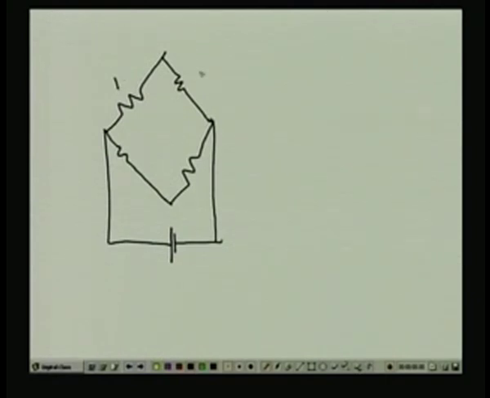This is gauge 1, this is gauge 2, this is gauge 3, this is gauge 4, the output voltage here, Ex.